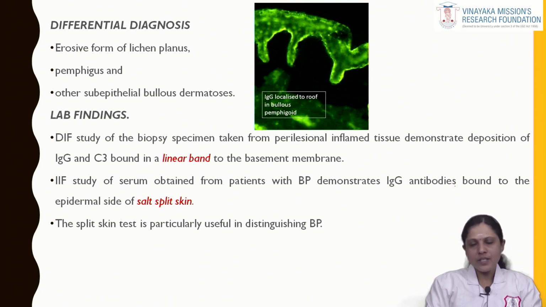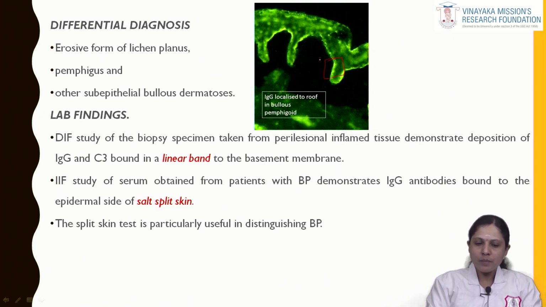Under laboratory investigation, direct immunofluorescence shows IgG and complement C3 bound in a linear fashion on the basement membrane, known as a linear band. Under indirect immunofluorescence, the deposits are seen in a salt-split pattern, where the antibodies are bound to the epidermal side.